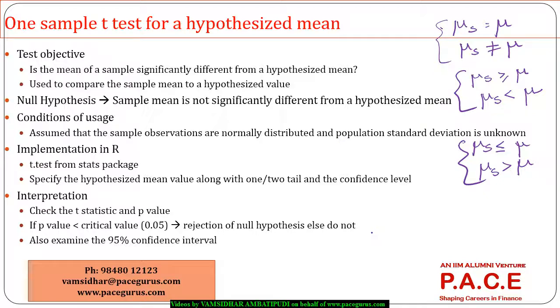Right, the p value in this case came out to 0.1112, which is greater than 0.05. So I cannot reject the null hypothesis. I have to go with the null hypothesis itself. The null hypothesis says that the sample mean is equal to the hypothesized mean. It's not significantly different from the hypothesized mean.